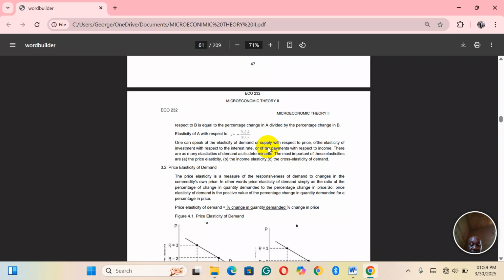It is the positive value of the percentage change in quantity demanded for a percentage change in price. So price elasticity of demand is equal to the change in quantity demanded over the change in price.